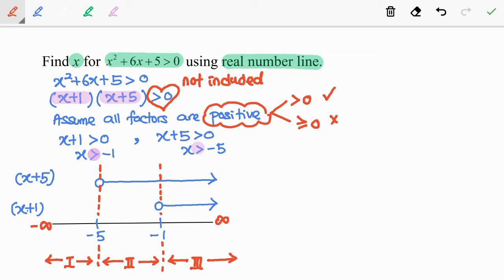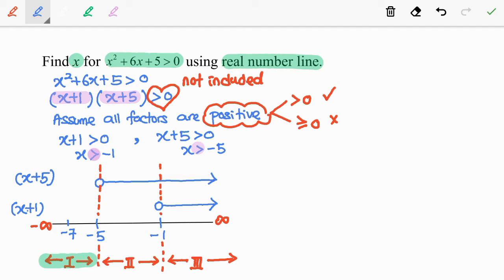Now let us start testing for factors x plus 5. So choose any number in the first intervals over here. Any number. So for example, I choose negative 7.